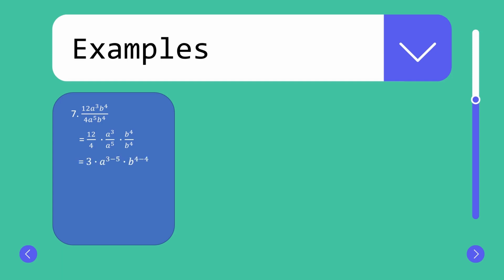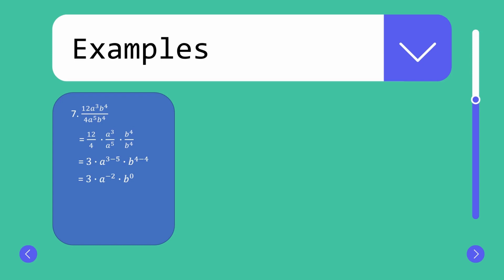A cubed over a raised to 5 will become a raised to 3 minus 5 by applying the quotient rule. B raised to 4 over b raised to 4 will become b raised to 4 minus 4 by applying the quotient rule as well. We simplify, this becomes 3 times a raised to negative 2 times b raised to 0.